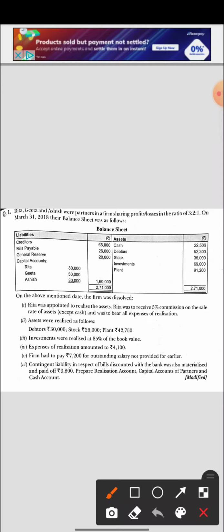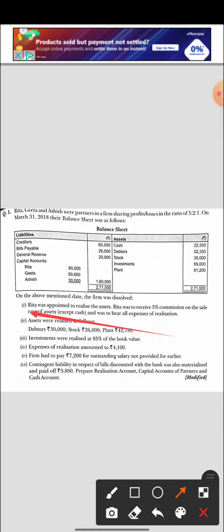Now additional information. Let's look at the additional information. Number one says, Rita was appointed to realize the assets. Rita was to receive 5% commission on the sale rate of assets except cash and was to bear all expenses of realization. What does that mean? That means that Rita was appointed to sell all the assets.